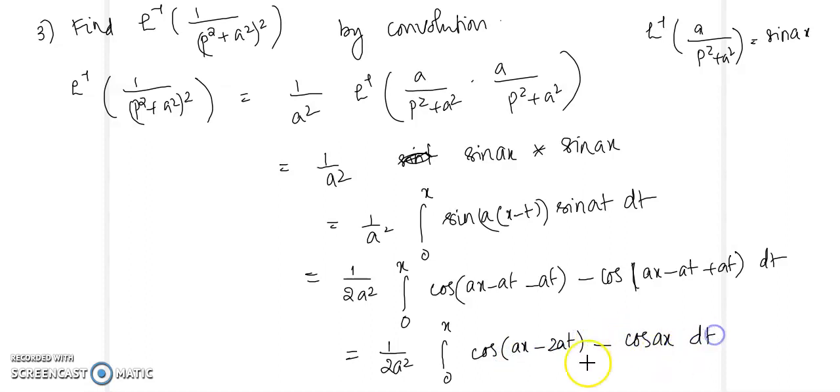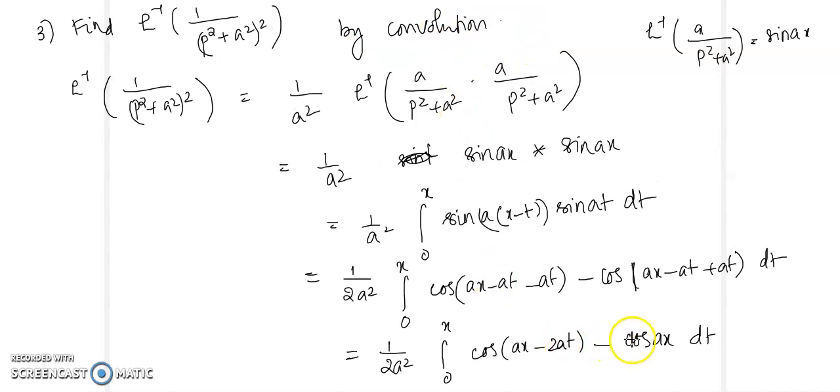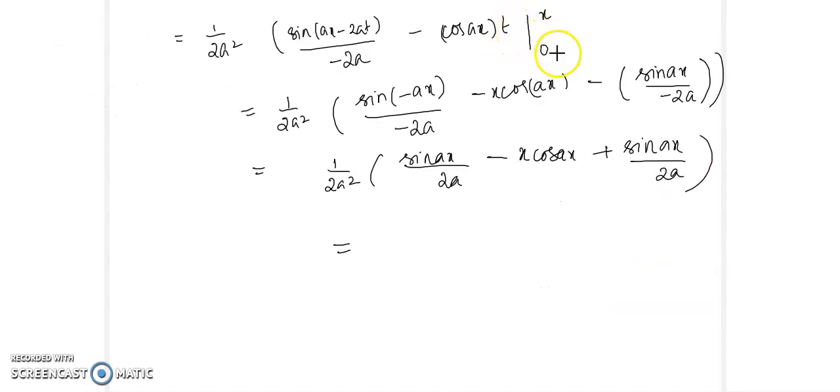So upon integrating you will get 1 by 2a square, sin(ax minus 2at) by minus 2a, minus cos ax. Here we are integrating with respect to t, so cos ax is considered a constant, giving t cos ax. So apply the limits from 0 to x.